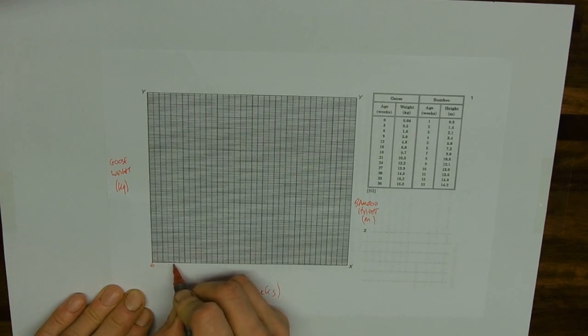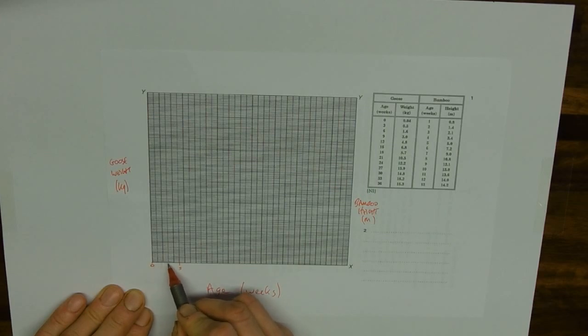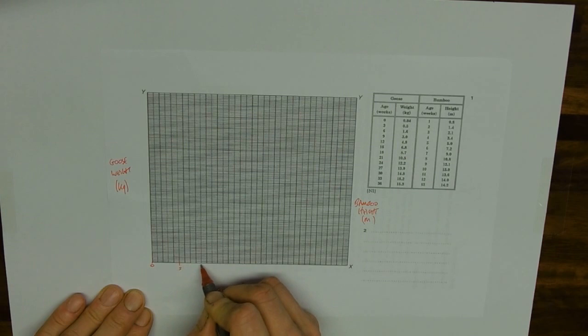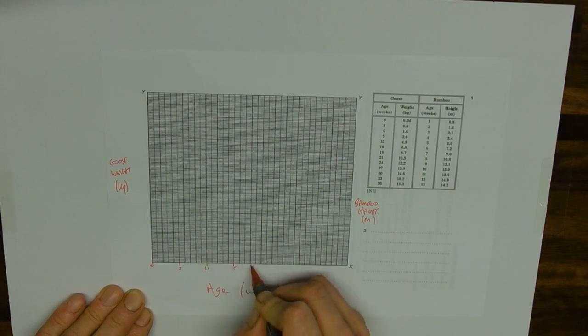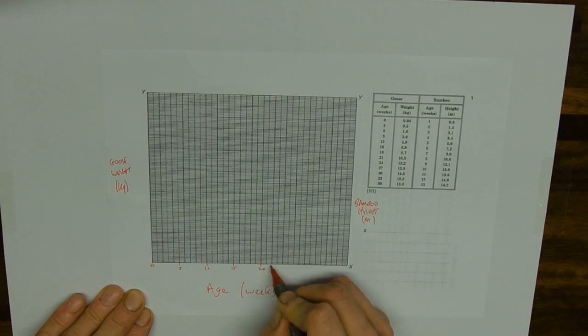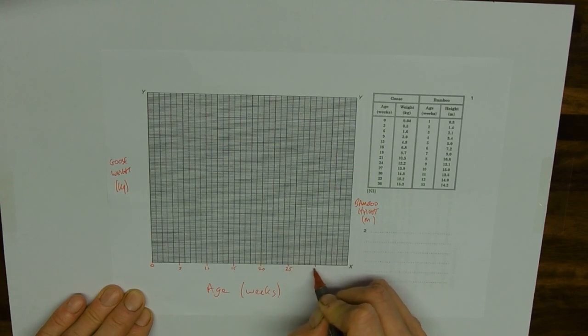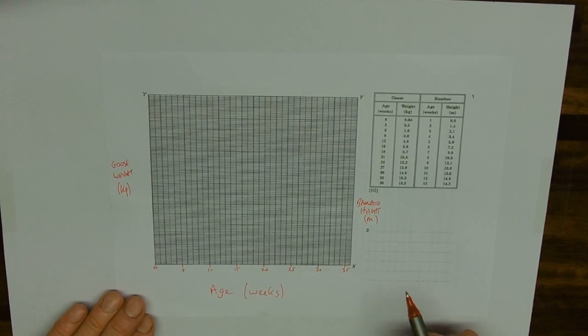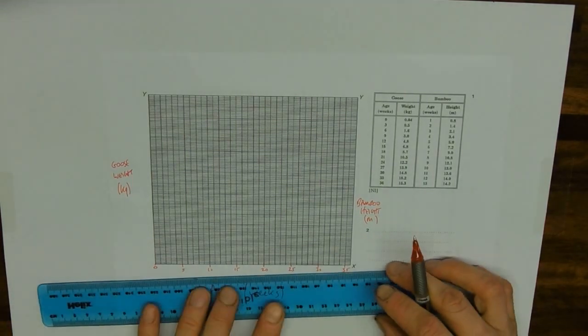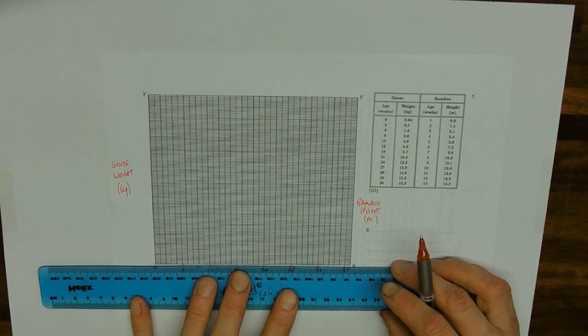So 1, 2, 3, 4, 5, 6, 7, 8, 9, 10, 11, 12, 13, 14, 15, 16, 17, 18, 19, 20, 21, 22, 23, 24, 25, 26, 27, 28, 29, 30, 31, 32, 33, 34, 35, and our 36 is going to fit on there. And I can draw that line on there.